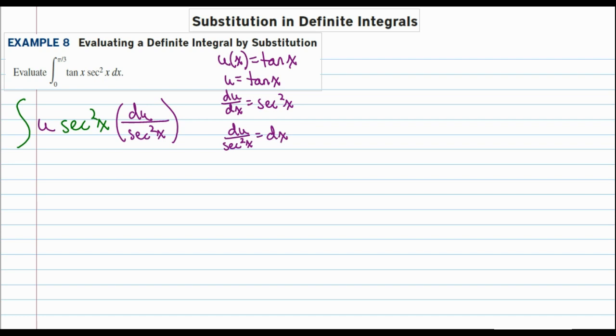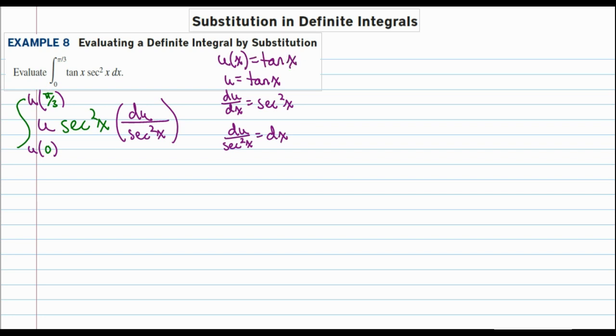So we're going to use the function u of x equals tangent of x to evaluate new lower and upper limits of integration. 0 is going to get plugged into tangent of x, and pi over 3 is going to get plugged into tangent of x.